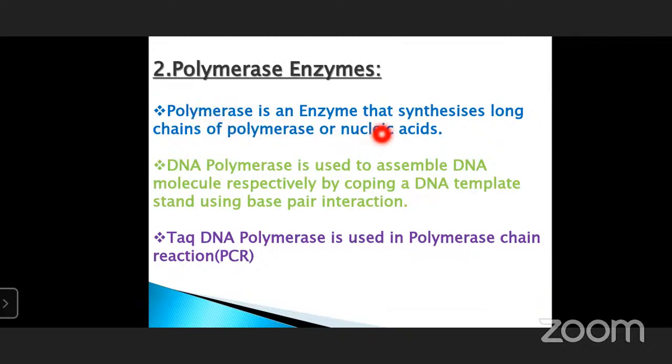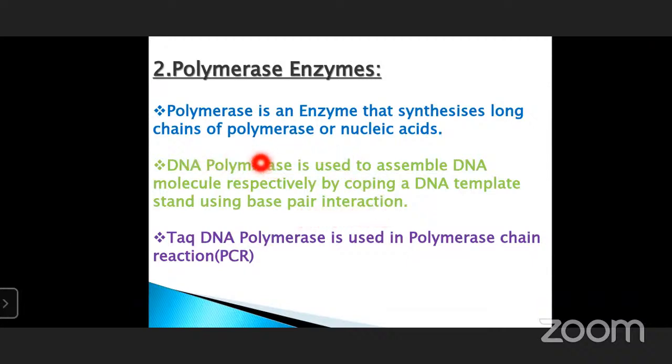DNA polymerase is used to assemble a DNA molecule by copying a DNA template strand using base pair interactions.